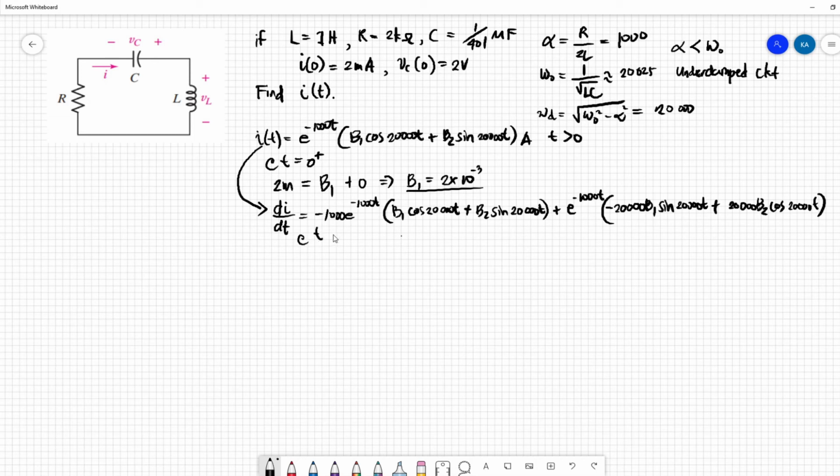So at t equals 0 plus, di/dt at 0 plus is equal to negative 1000 times B1, which is 2 times 10 to the power of negative 3, plus 0 plus 20,000 B2.